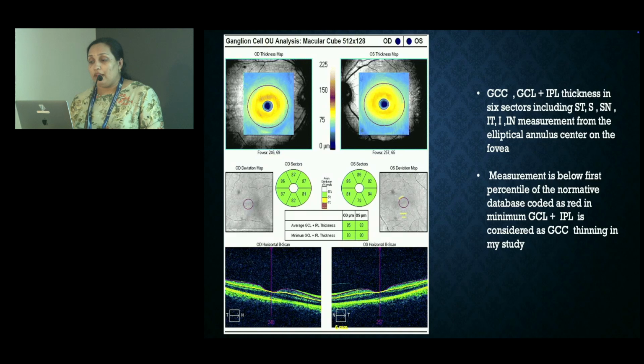In OCT macula, the ganglion cell complex, that is GCL plus IPL thickness, is measured in 6 sectors including superior, superotemporal, superonasal, inferior, inferotemporal, and inferonasal, from the elliptical annulus centered on the fovea. A measurement below the first percentile of the normative database, which is coded red, with minimum GCL IPL is considered as GCC thinning in my study.